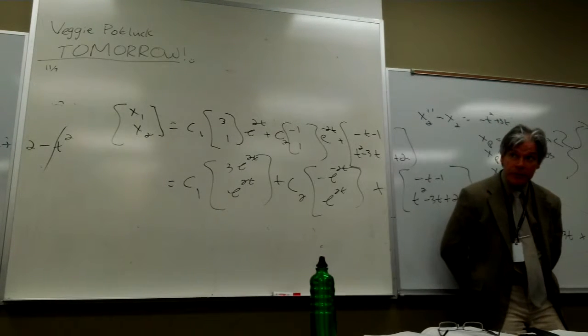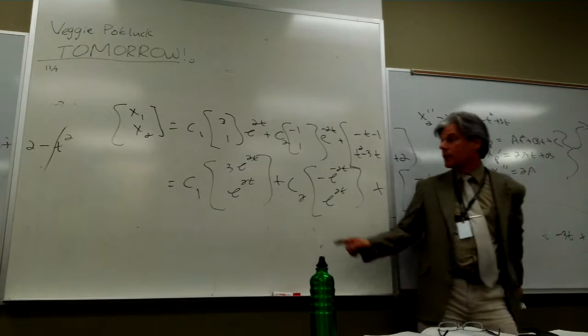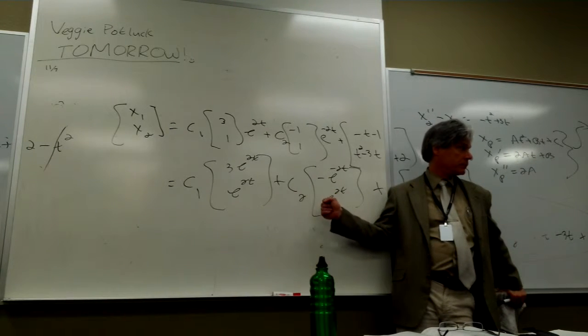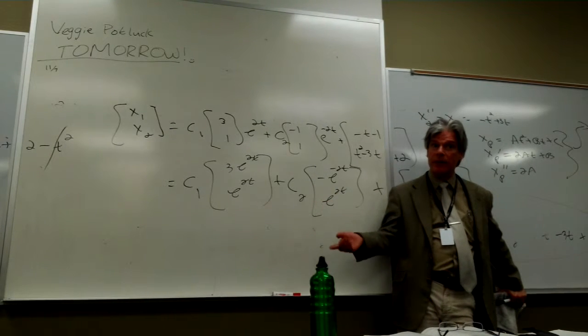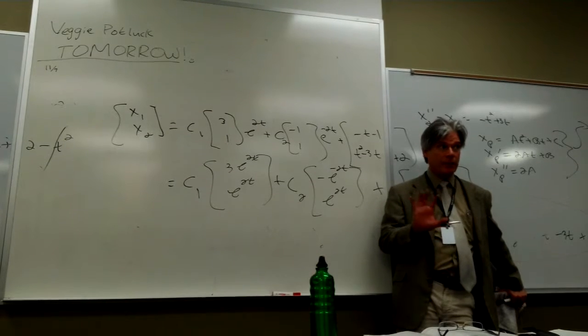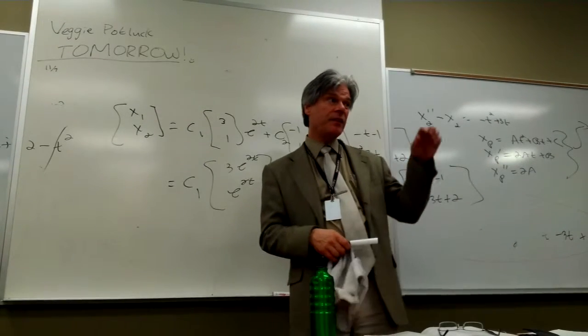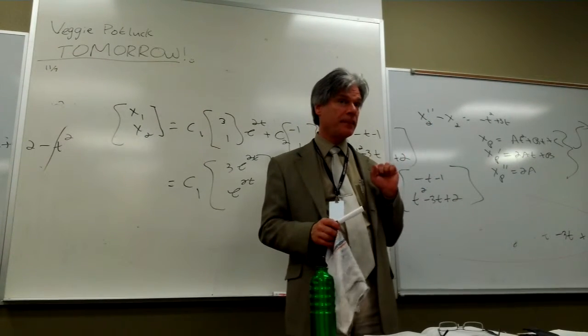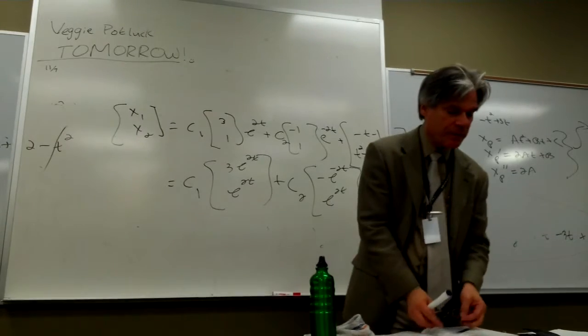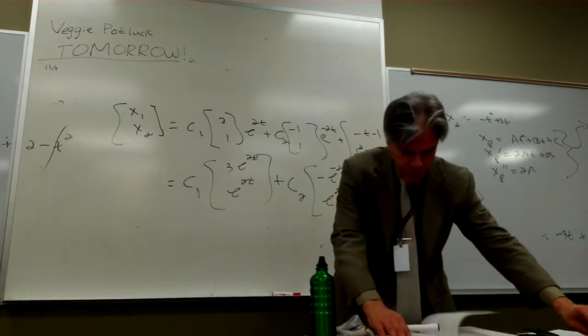Can I just tell you where I'm going with this? I'm just going to start throwing in factors of t, just like we did when we had duplicity with complementary and particular solutions. Can I have you guys take just tiny, tiny steps today, just using the math of the business? Nothing more.